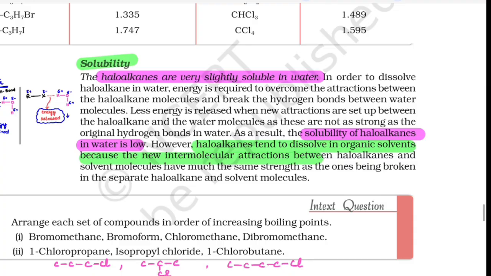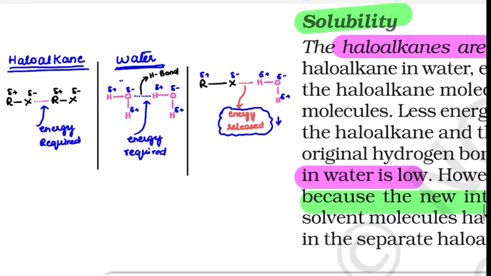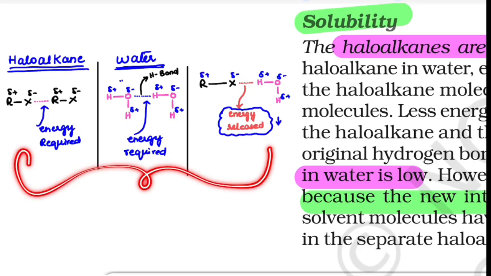So here you can see the solubility of haloalkane in water is less, but the solubility of haloalkane in organic solvent will be more, because the new intermolecular attractions between haloalkanes and solvent molecules have much the same strength as the ones being broken in the separate haloalkanes and solvent molecules. The meaning is, instead of water, if you are taking an organic solvent, the attraction between the haloalkanes and the attraction between the organic molecules and the bond formed, almost everything will be similar.